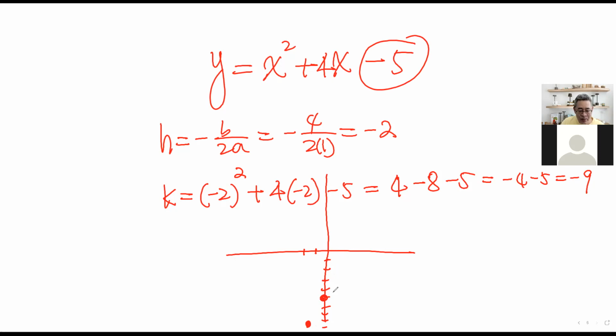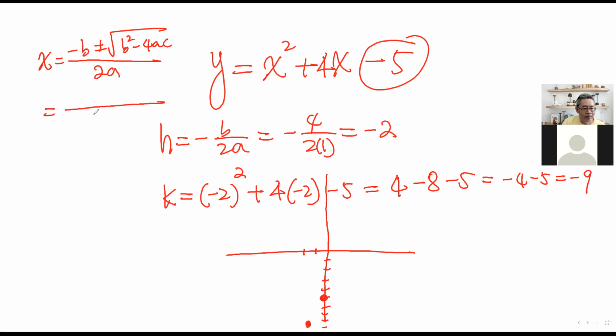And we also know 2 points based on the quadratic formula, which is minus b plus or minus the square root of b squared minus 4ac over 2a. That gives us minus 4 plus or minus the square root of 16 minus 4ac. Our a is 1, c is negative 5.